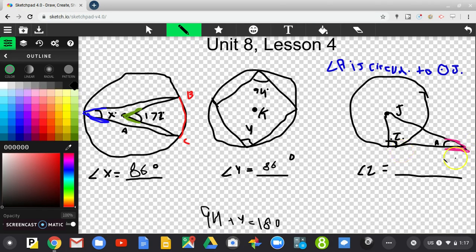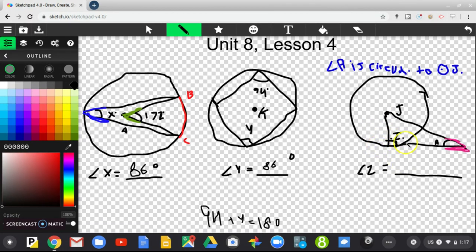But anyways, a rule is that if there are tangent segments to a circle, then they are perpendicular to the radii. So the radius of circle J is this segment JZ. Z is technically an angle, not a point, but let's just pretend that it is.